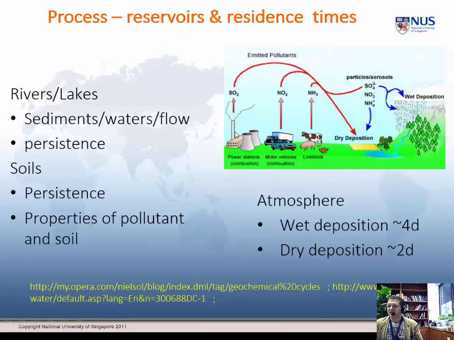Here we have a little sketch diagram of atmospheric emissions: sulfur dioxide, maybe from a power station, NO2 maybe from land transport, ammonia possibly from livestock. Some of those are oxidized and end up in clouds and therefore in rain. Some of them are dry deposited onto the ground.